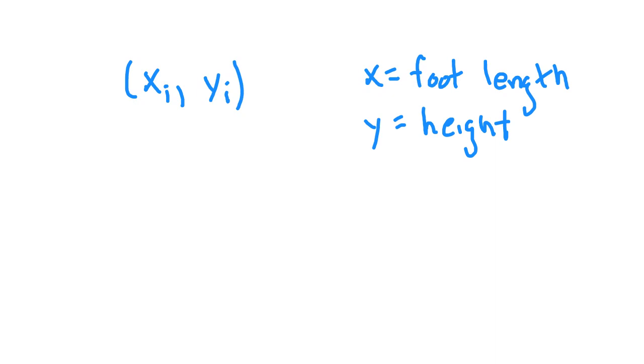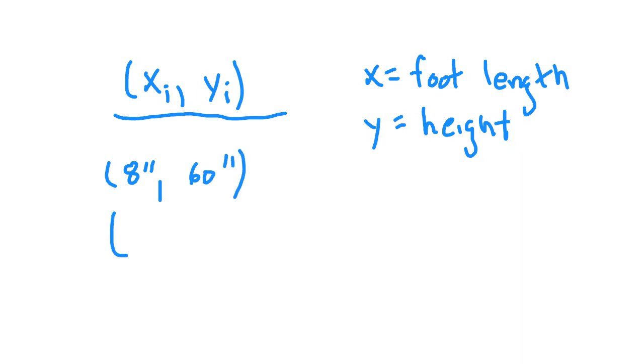So, for instance, you can have a person who has a foot length of 8 inches, and their height maybe is 60 inches.